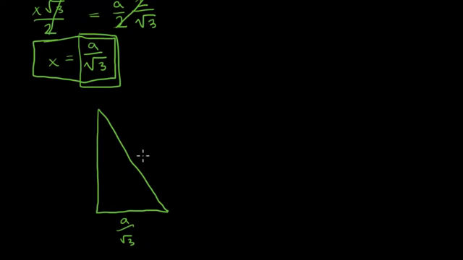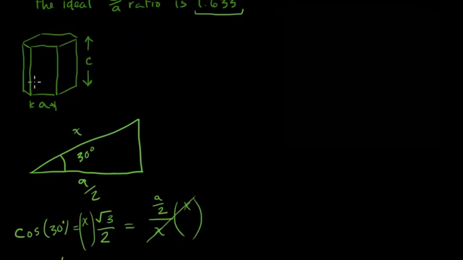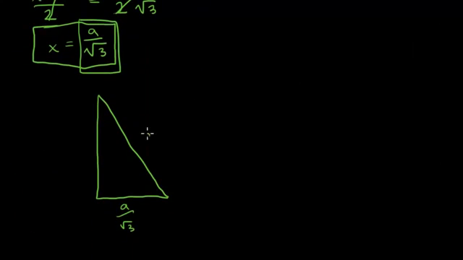And this side we said was 2r, but remember that 2r is also a, because those are the little radii right there. So that's a. And this is half of c. Once we know this side here, we can multiply it by 2 and find c.